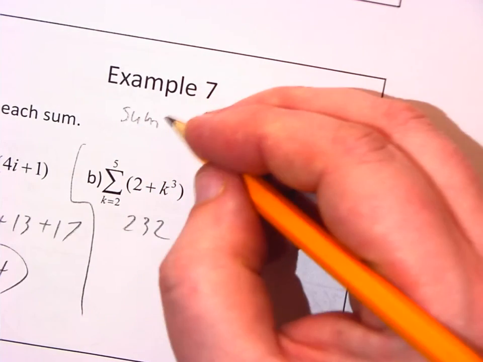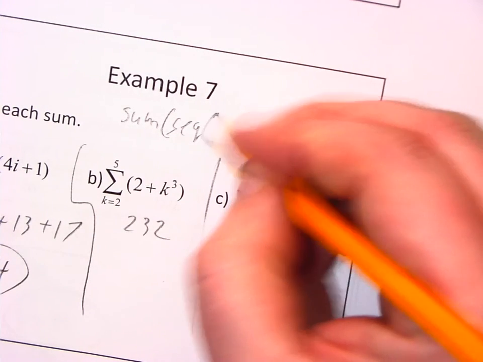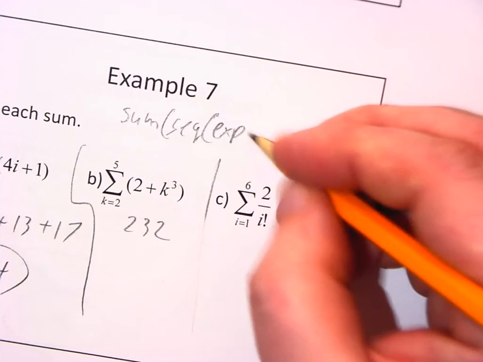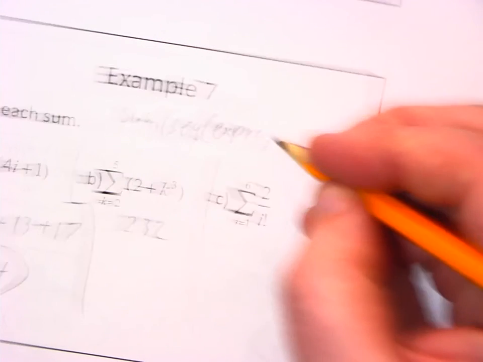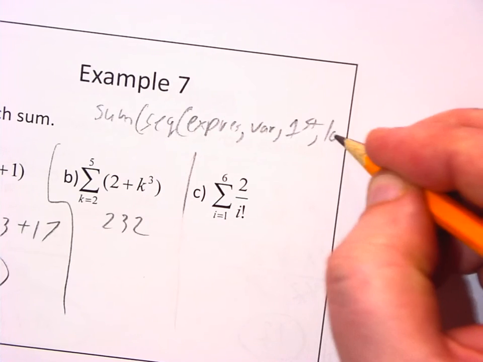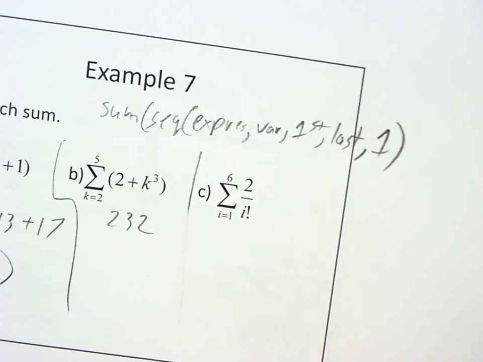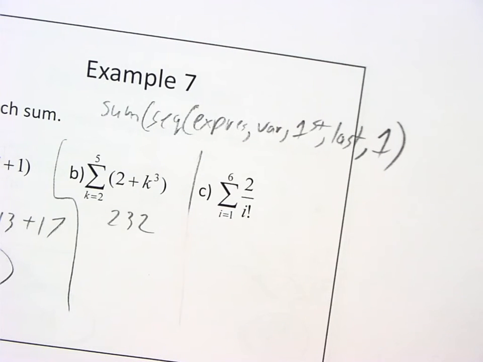So sum, they're both inside the stat menus, and then sequence. And then your expression, whatever that is. Your variable, first value, last value. And then your steps, honestly, they're always going to be 1 for this. You could conceivably go up by more than that, but it's never going to happen.